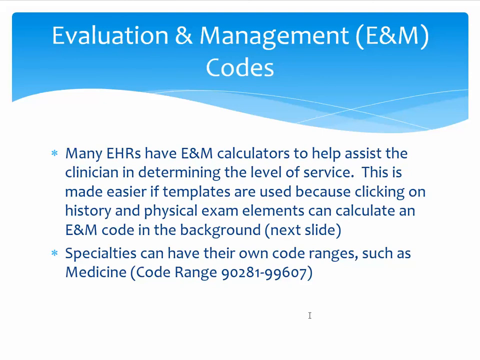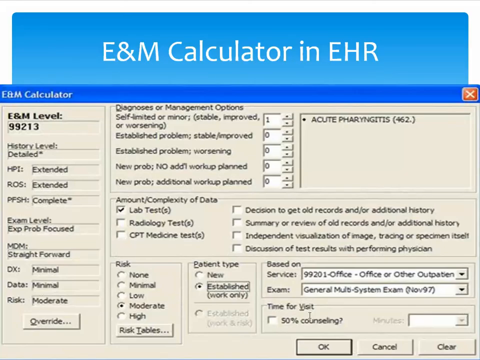Okay, E&M codes. The only thing that I want you to keep in mind is that for these evaluation and management codes, we have specific calculators that calculate what these codes are to determine the level of service. And on the next page, I'm going to show you guys what one of these calculators looks like.